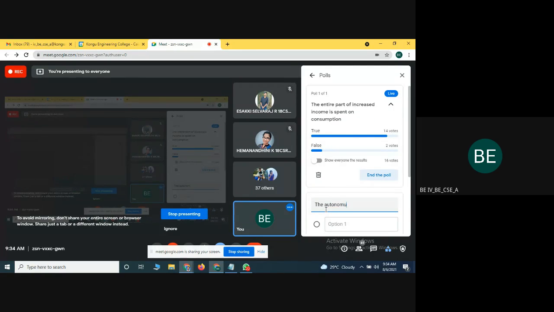Autonomous consumption is independent of income.